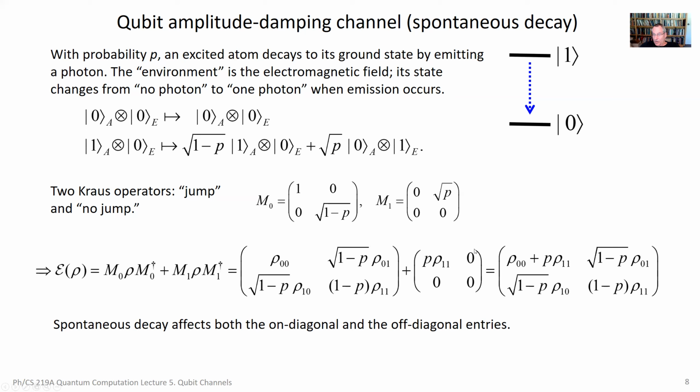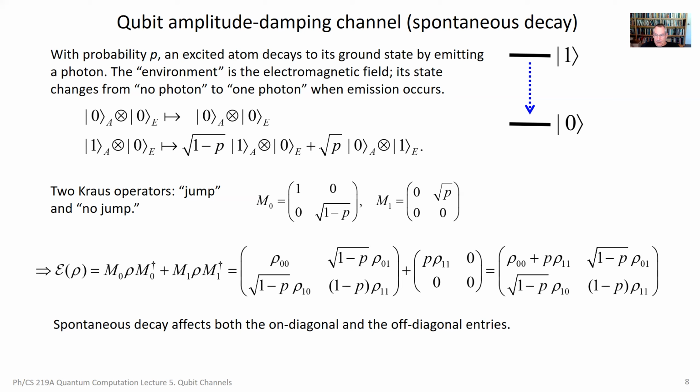So here I've just added those two terms together again, augmenting the rho 0,0 up here in the upper left entry of the density operator with the additional term p rho 1,1. And so what we can see is that this spontaneous decay process, what I'm calling amplitude damping for some reason, has an effect on both the on-diagonal and the off-diagonal entries.